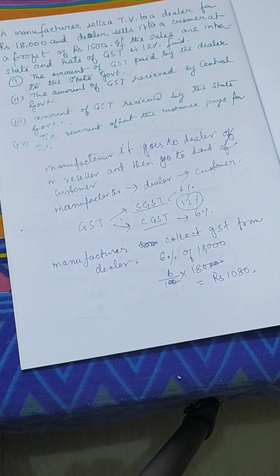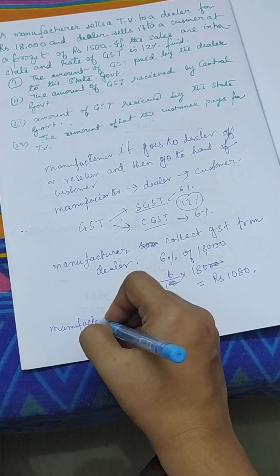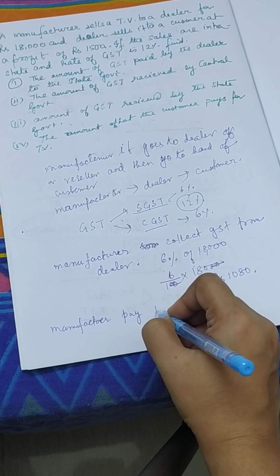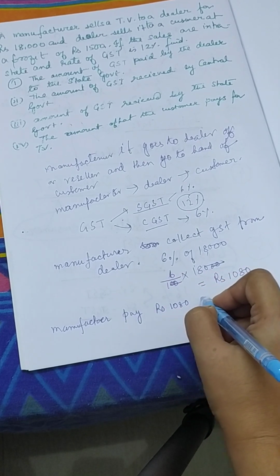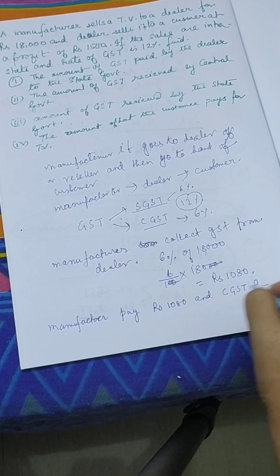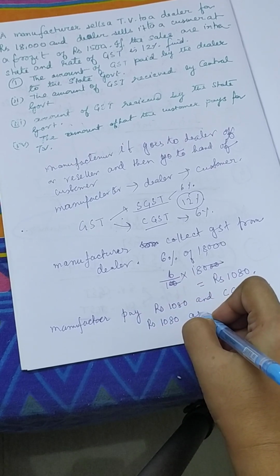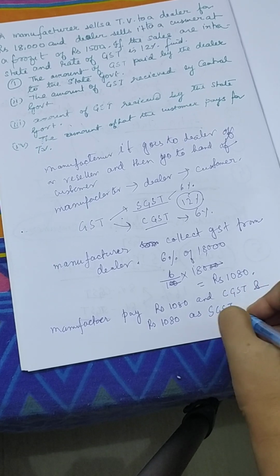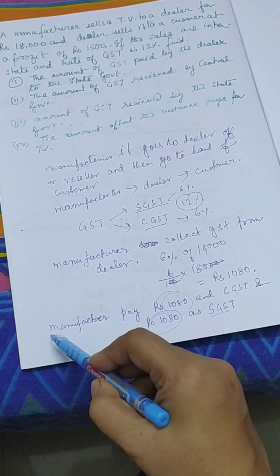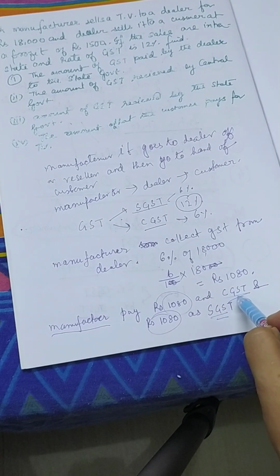So the manufacturer pays rupees 1080 as CGST and rupees 1080 as SGST, because an equal amount of GST will be paid by the manufacturer, okay, to the state government and the central government.